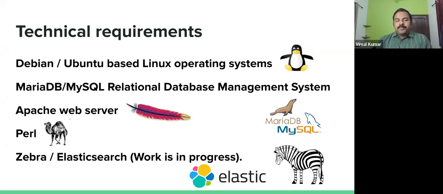One is Zebra. Zebra is the default search engine. Another is Elasticsearch. Elasticsearch is better than Zebra, but still in testing stage. Anyway, we can enable either Zebra or Elasticsearch, one at a time. Elasticsearch is a similar search engine like Solr. Solr is a search engine that works with DSpace.